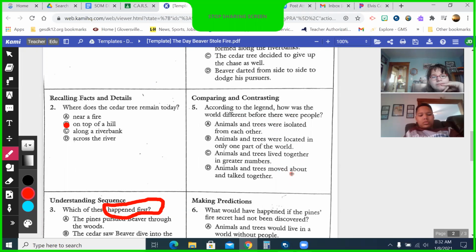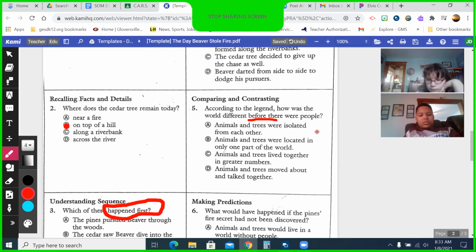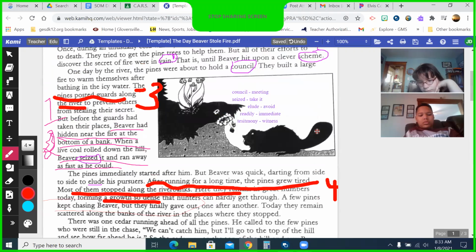So here's a little hint. According to the legend, how was the world different before there were people? I'm going to say this is a legend, and structurally, that's probably going to be at the beginning of the story, right? If I need to figure out what happened before, I'm going to go to the beginning of the story. So I'm going to go to the 1st paragraph.